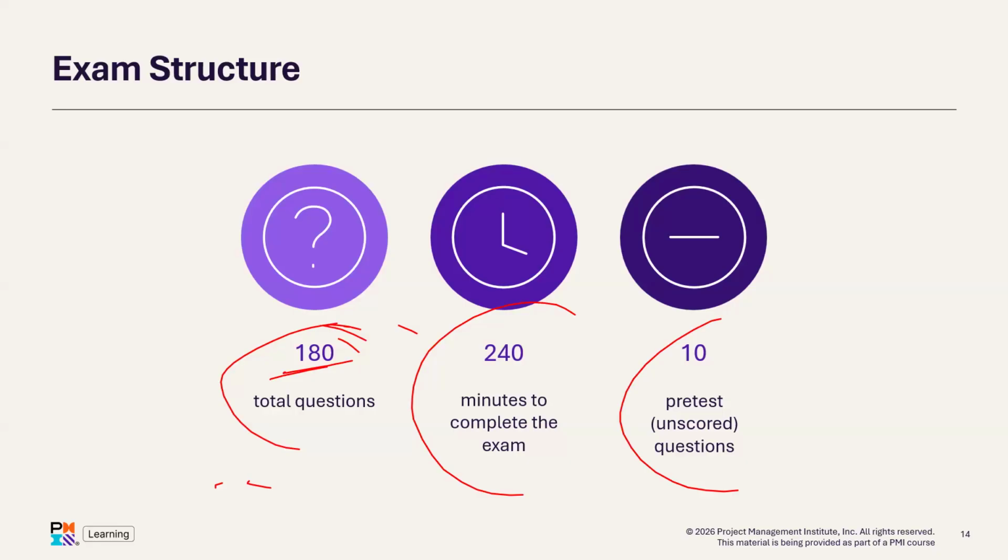All right, so that is the structure. This is how it looks. Bear in mind, you are going through 180 questions for roughly 4 hours. The ones you'll be scored on are 170 questions. This is how the scoring is.